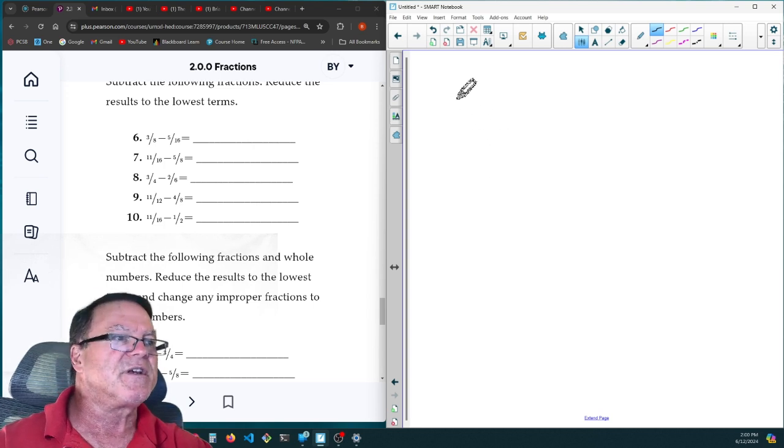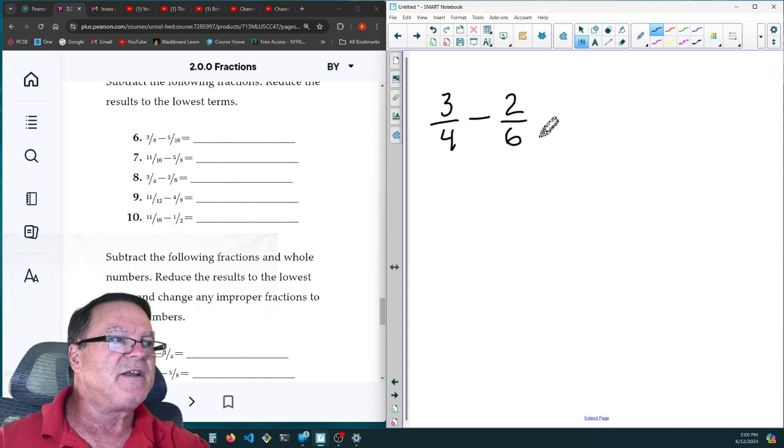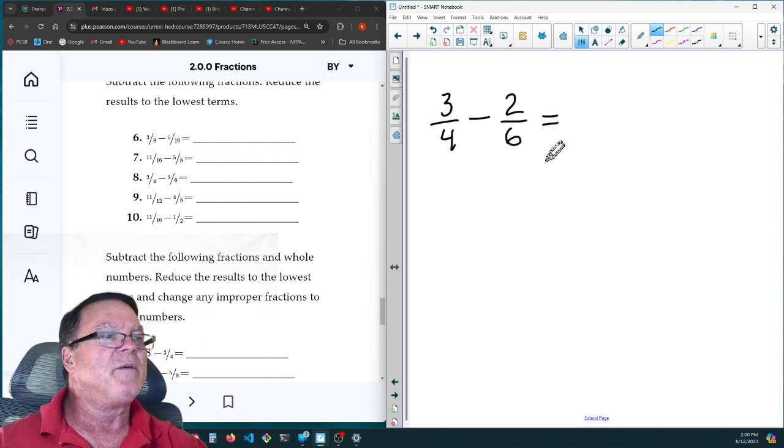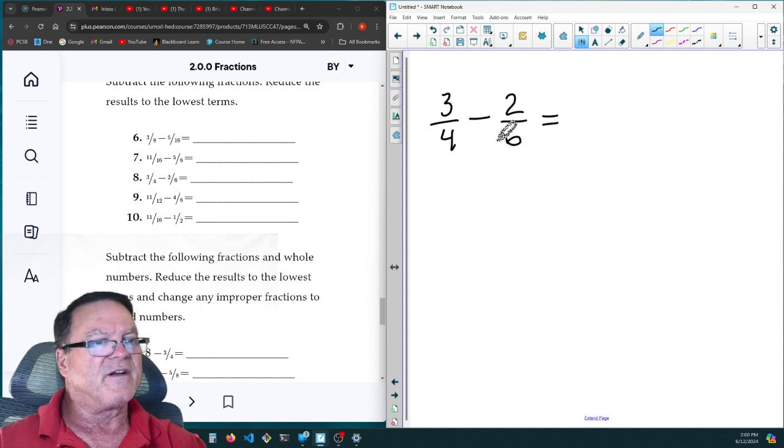3/4 minus 2/6. Now this is an interesting one because we're going to have to change them both in order to get a common denominator. 4 goes into 12 and 6 goes into 12. So 3/4 I'm going to multiply times 3 over 3.